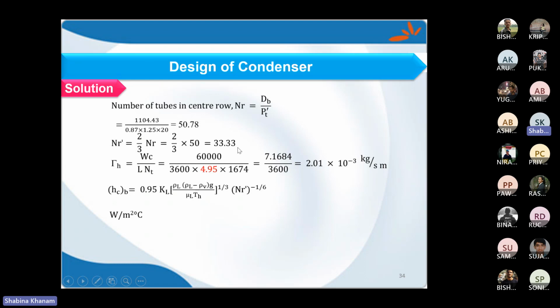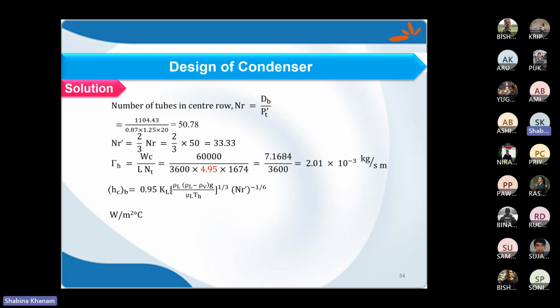When I'm considering NR, these are the complete tube rows which will actually exist in the bundle. However, NR prime is only a value which we consider in calculation. It is not actually existing. Why do I consider NR prime? To account for uniformity throughout the bundle.